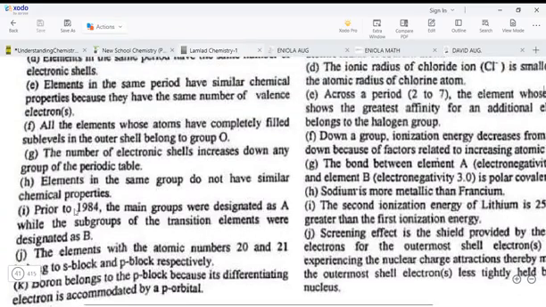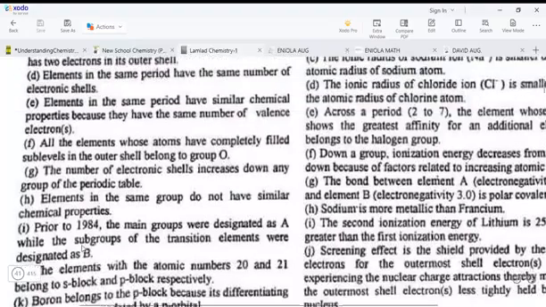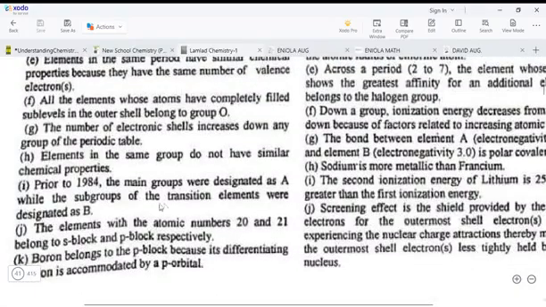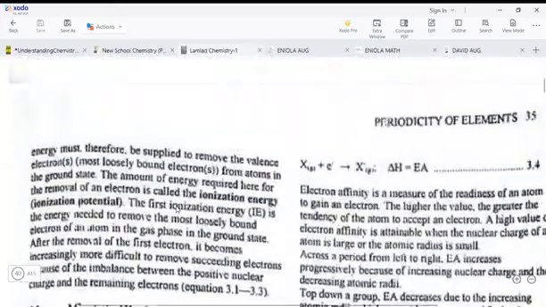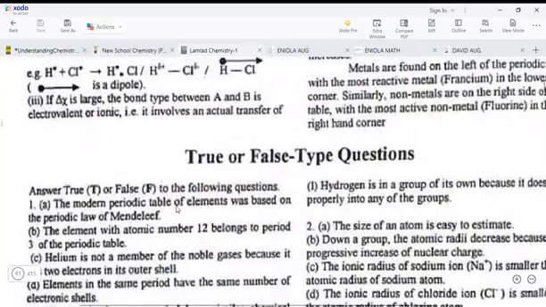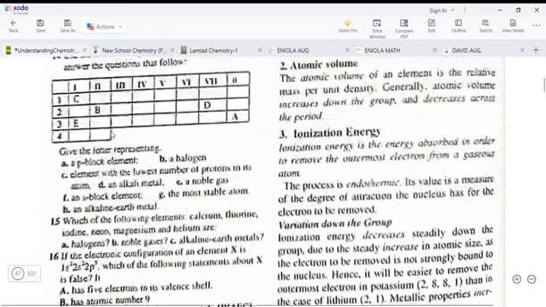Then moving to I. In I, prior to 1984, the main groups were designated as A, while the subgroups of the transition elements were designated as B. So for alphabet I, that's true. As you can see from this drawing here, we have the A. That should be from the first textbook we're using here.